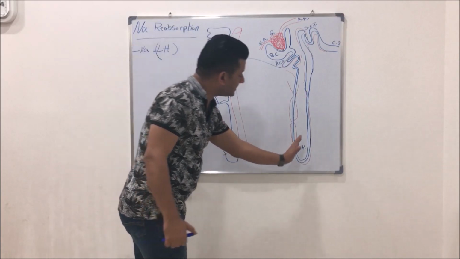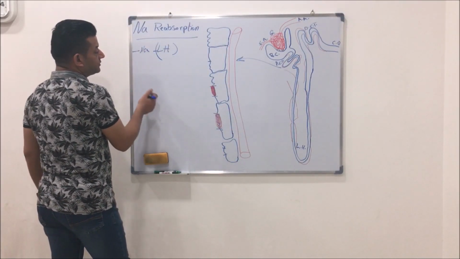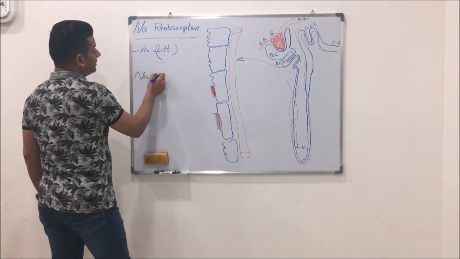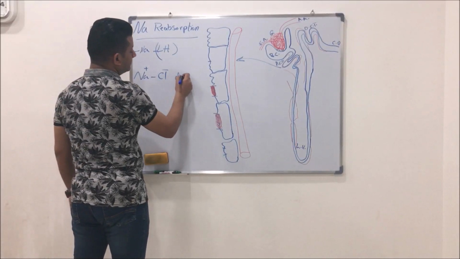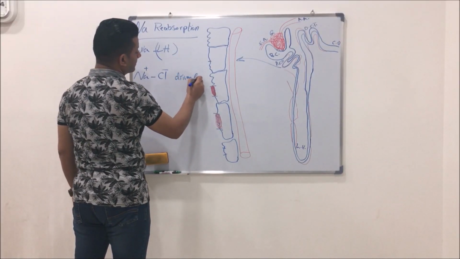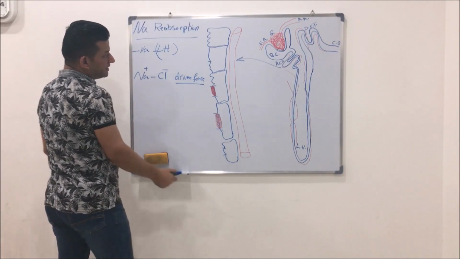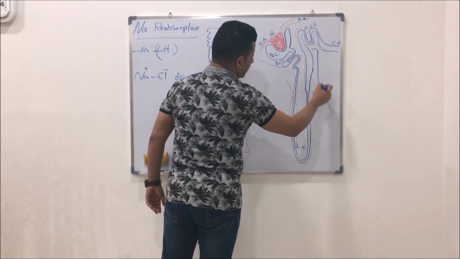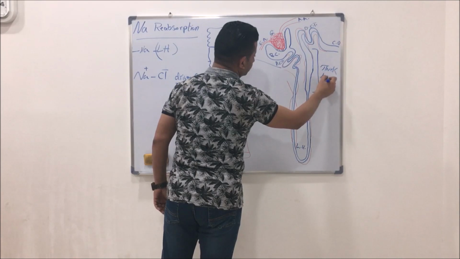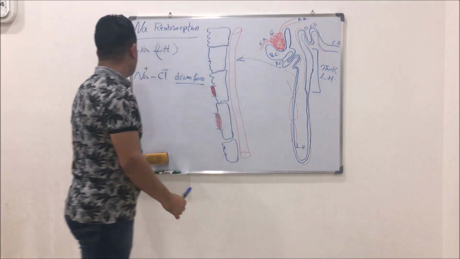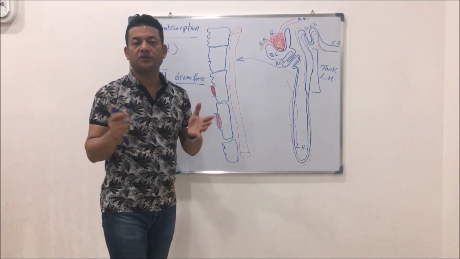In the thin ascending arm of the loop of Henle, sodium is reabsorbed by sodium chloride driven force. While in the thick part of the loop of Henle, sodium is reabsorbed by a specific co-transporter protein.